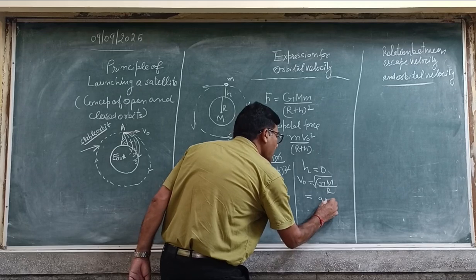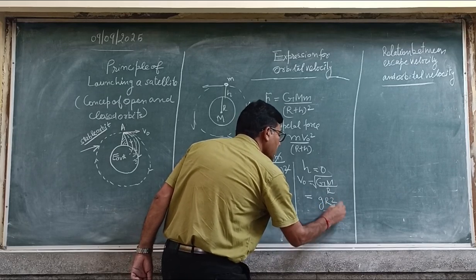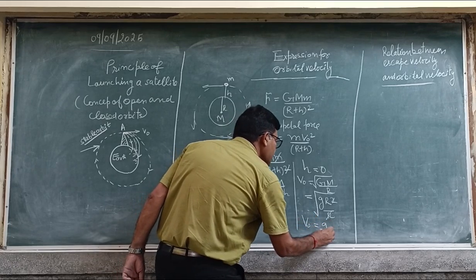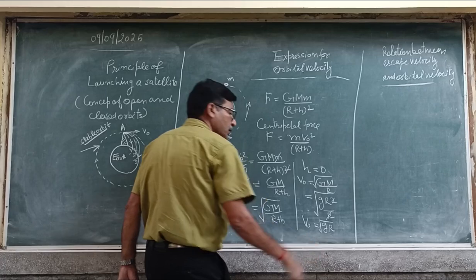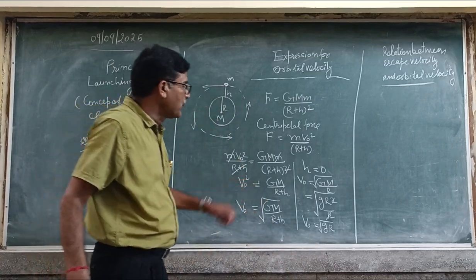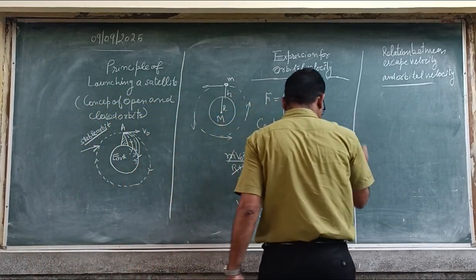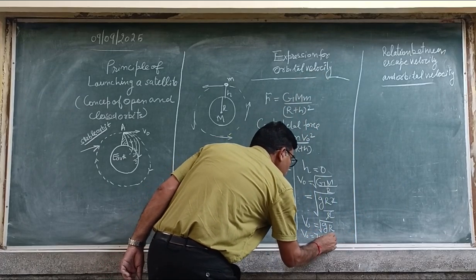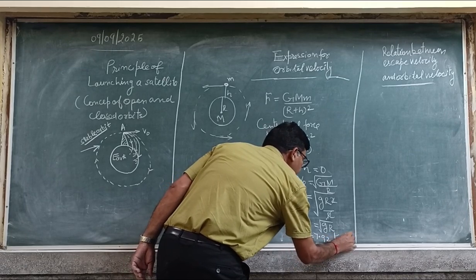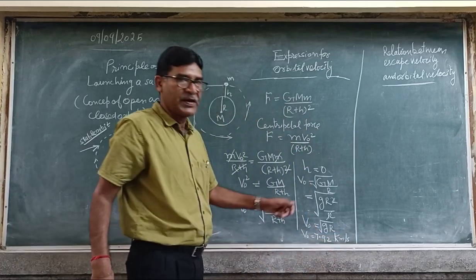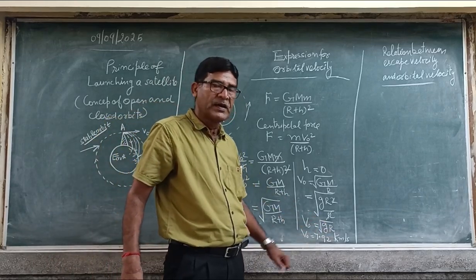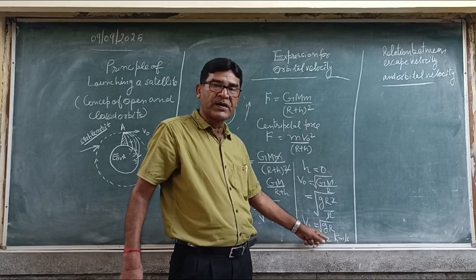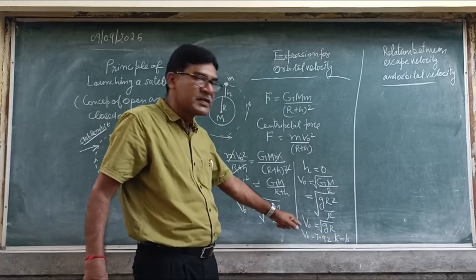So g R square upon R, one R goes off and the orbital velocity is equal to root of g R. If we put the values, the value comes out to be v0 equal to 7.92 kilometer per second. You can calculate it: first it will come in meter per second, then you convert it into kilometer per second. This is the orbital velocity.